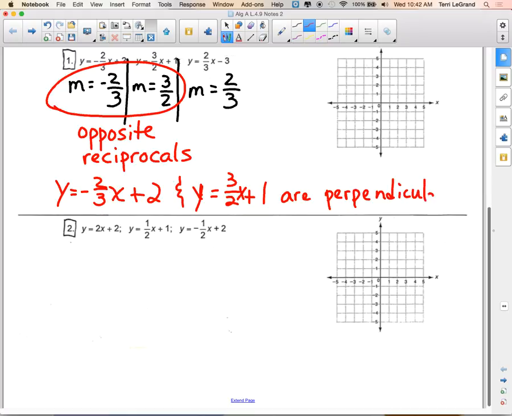I'm going to show you what the mathematical symbol is for that, but I want you to write it one time here, okay?